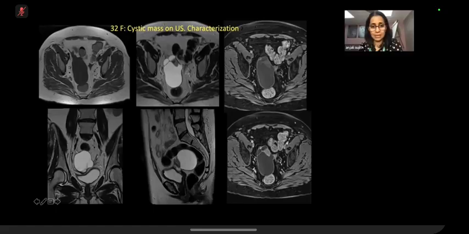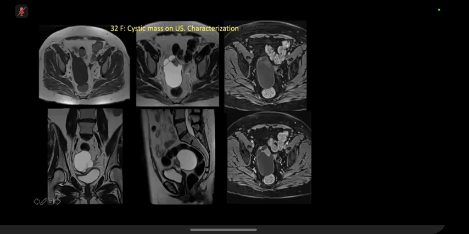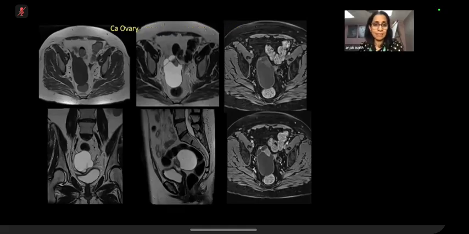Okay, so when you see a cystic lesion with solid component with enhancement, what is your diagnosis? Cystic ovarian neoplasm. Yes, this is a CA of ovary. So when you see a solid component in an adnexal lesion with enhancement, malignancy is your number one consideration.